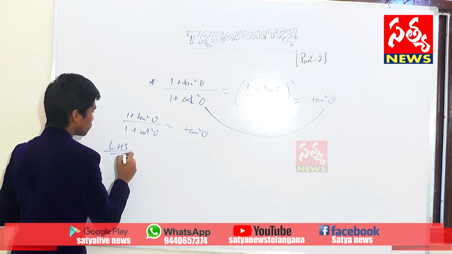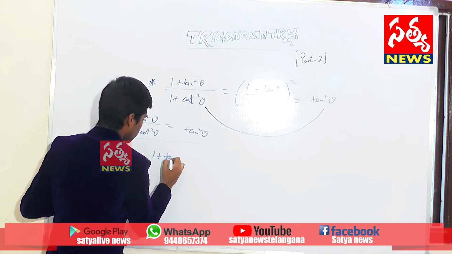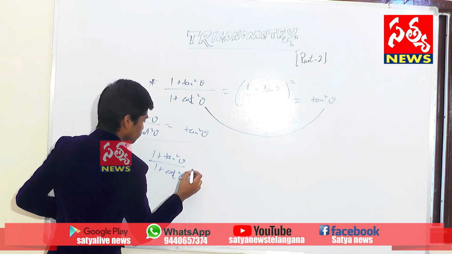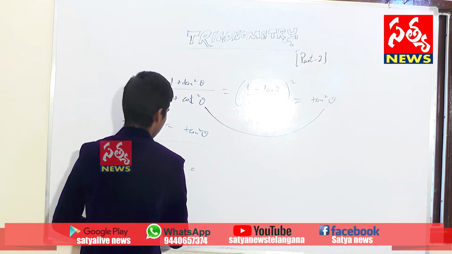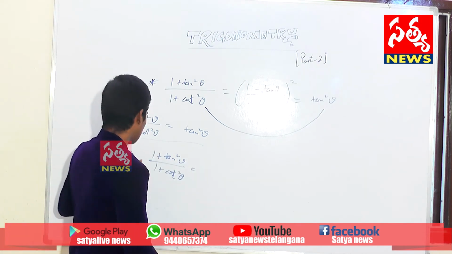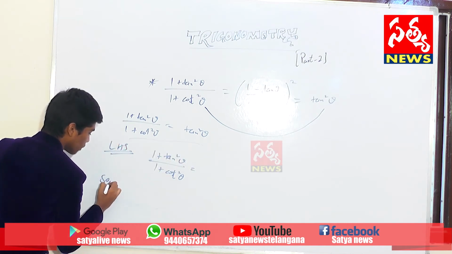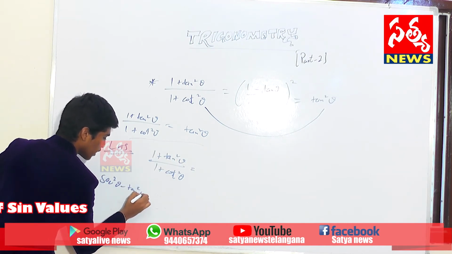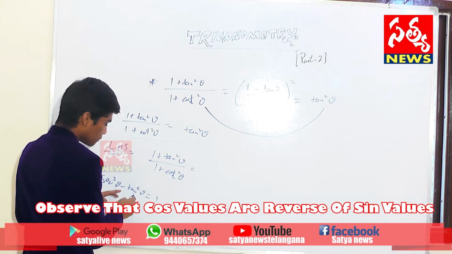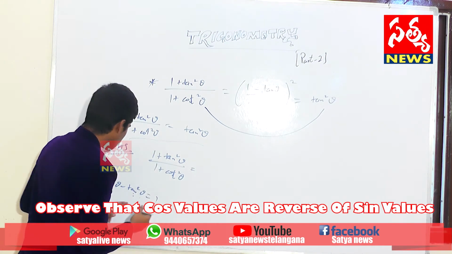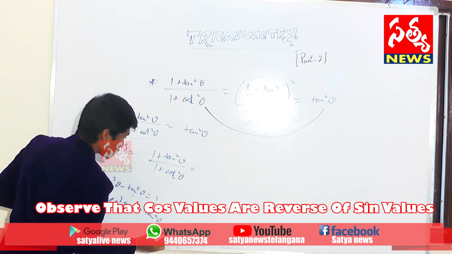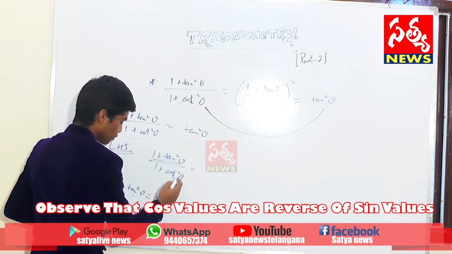Let's take LHS. (1 plus tan square theta) by (1 plus cot square theta) is equals to, see here, go back to the identities and remember there, secant square theta minus tan square theta is equals to 1. Okay. If you bring this minus tan square theta to RHS, we get secant square theta is equals to 1 plus tan square theta.